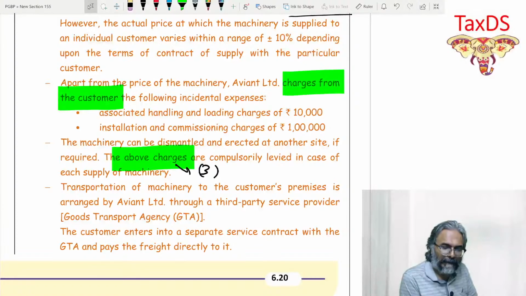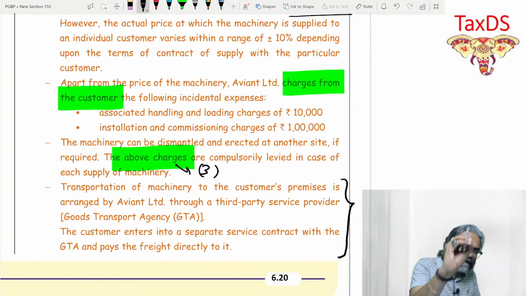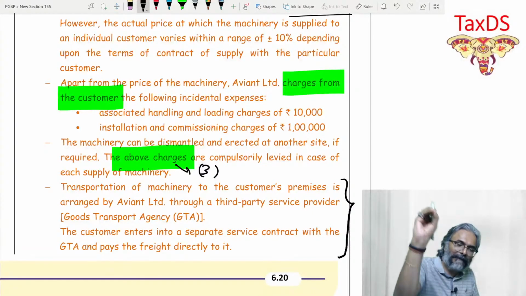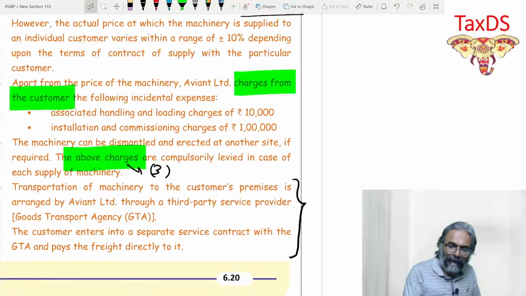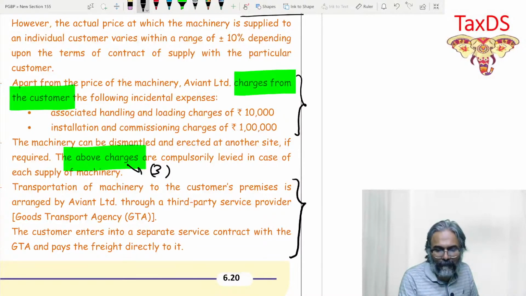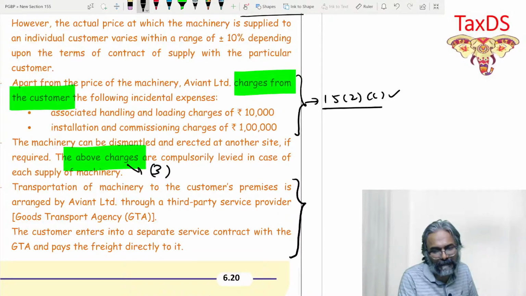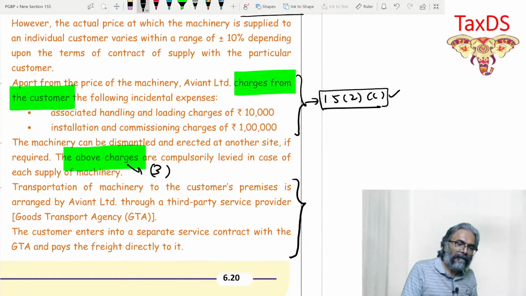In this case, the customer enters into a separate service contract with GTA and pays the freight directly to it. So now, students, we don't have any doubt. Can we say 15.2c for this? Answer is yes.